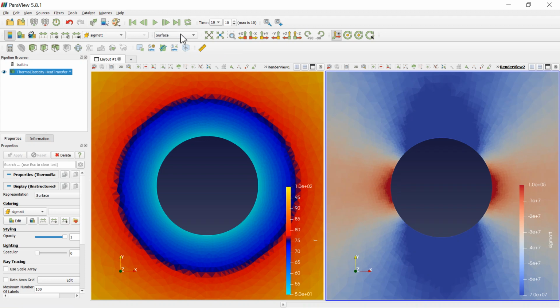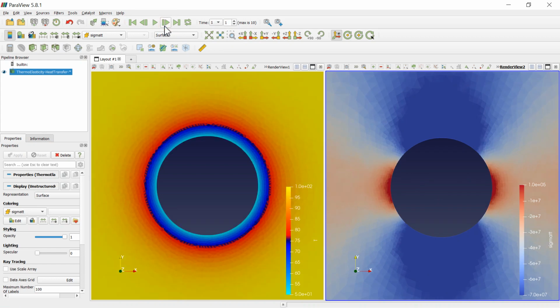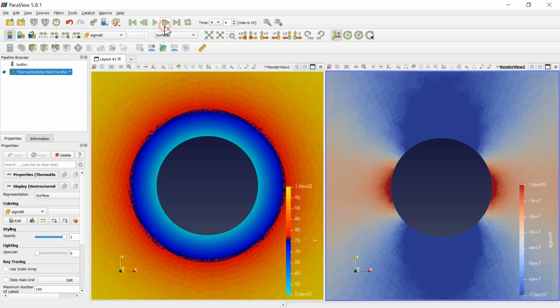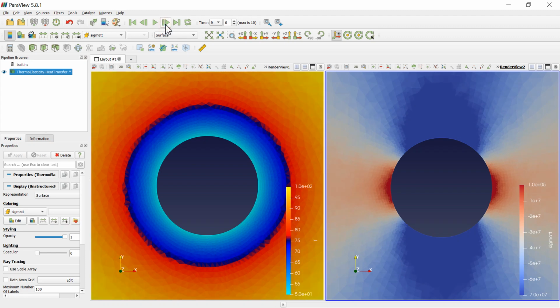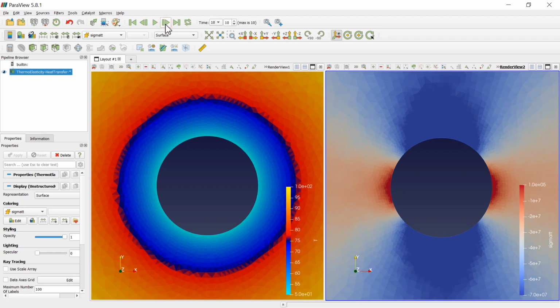So let me continue the simulation. Well, actually, it's the last time step, but let me run it again. We don't see that much of a change after more or less this time, which is after 1 hour. Temperature continues changing, but it doesn't affect the vicinity of the wellbore that much anymore.